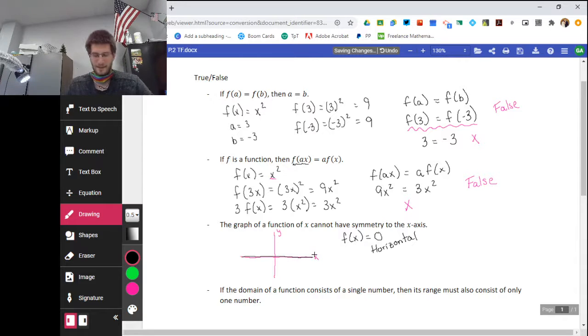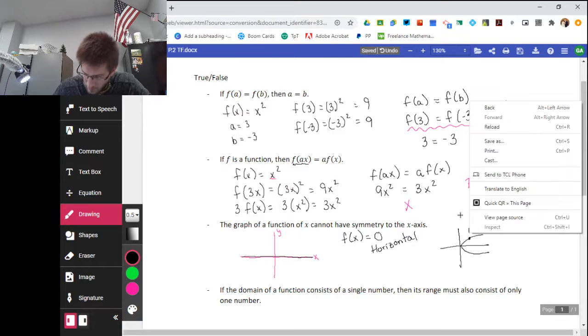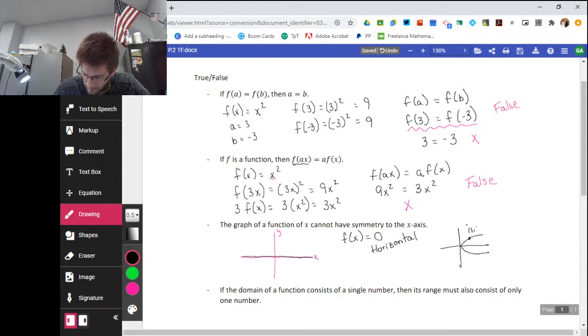Remember x-axis symmetry. Let's test another one here. This would also have x-axis symmetry. If this is the point 1, 1, then this would have to be the point 1, negative 1.